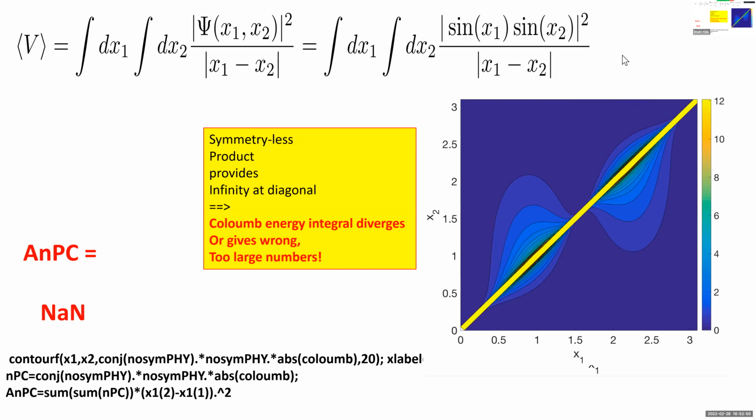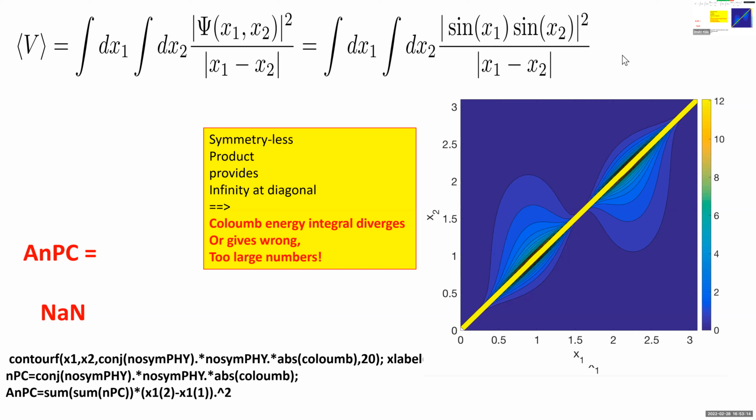On the main diagonal, for the Hartree product, this procedure will give an infinite answer. So if you try to find the electron-electron interaction, sometimes on the main diagonal the wave function is non-zero.